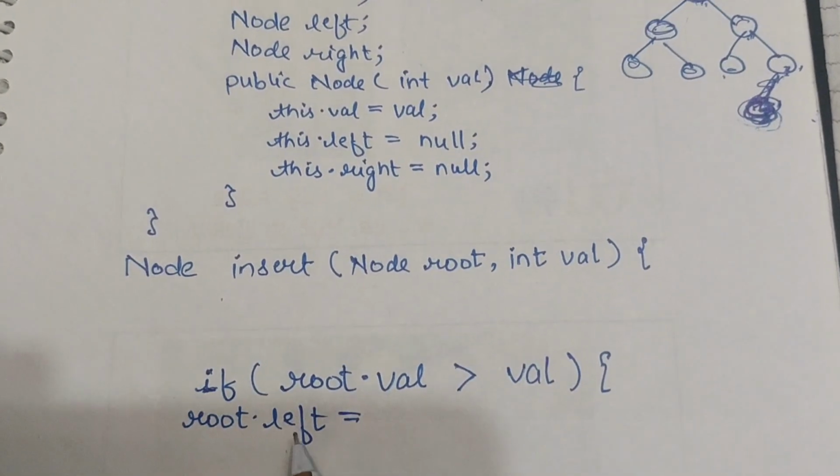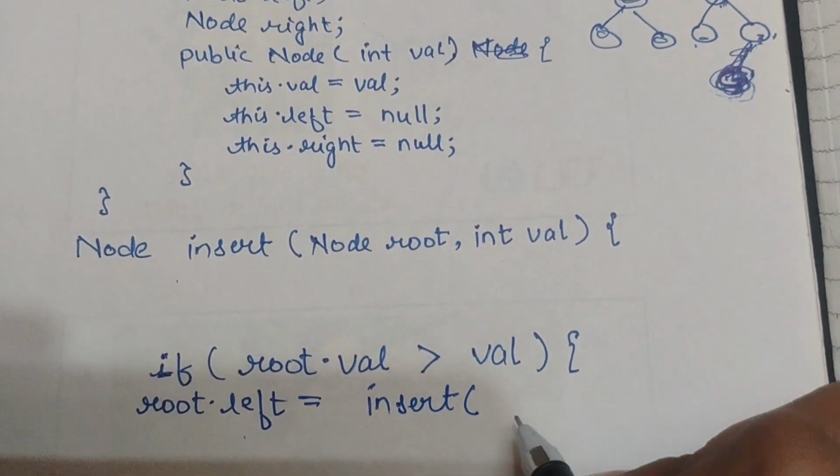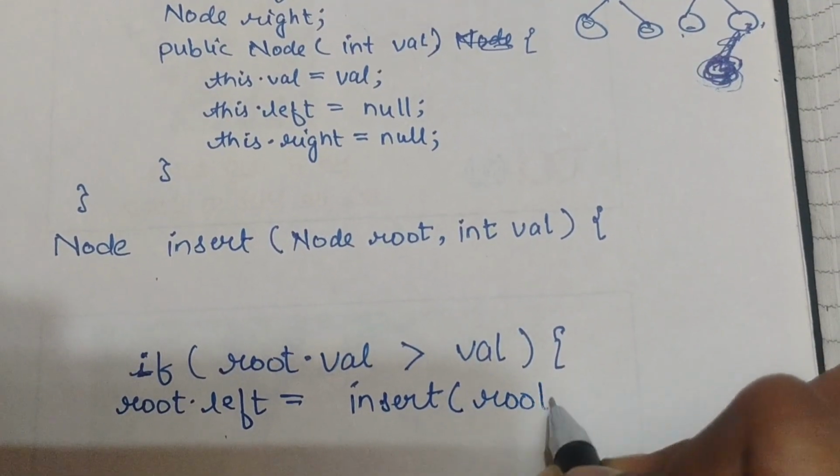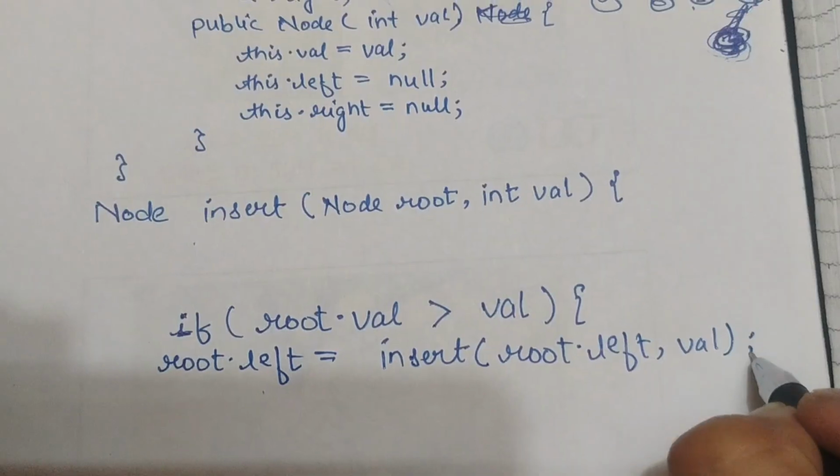Then I will write root dot left equals to a call to insert, and I'll pass root dot left and the same value.